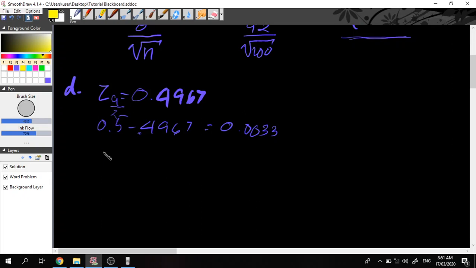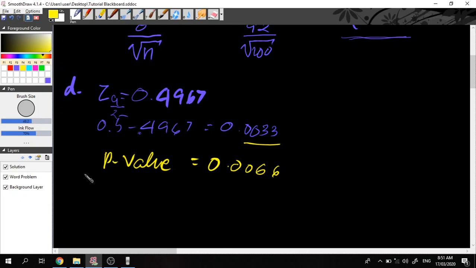Hindi na yan ZA. Ang probability natin ngayon, or ang ating p-value ngayon, ay equal sa 0.0033 times 2, so 0.0066.